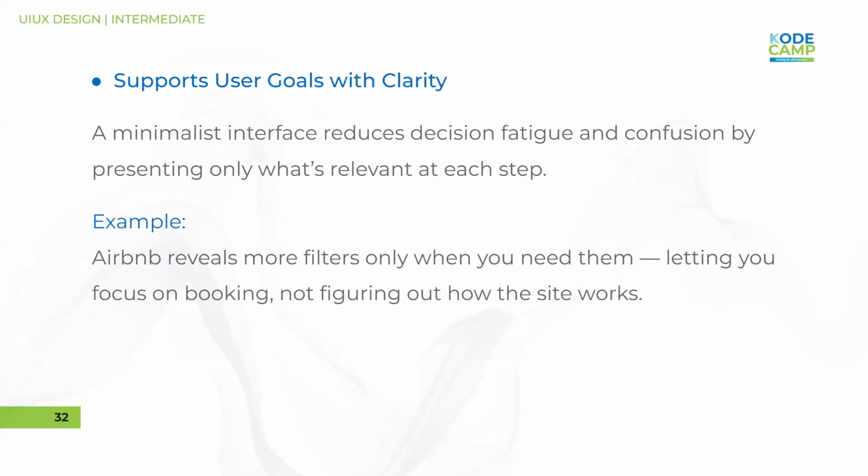Using a case study of Airbnb, it gives you filters only when you need them, letting you focus on just the booking, and not trying to figure out how this site works, or how do I go back from this filter option that I have integrated?